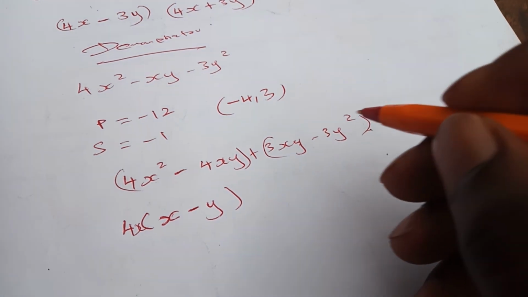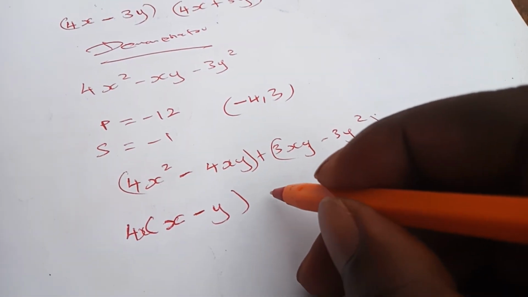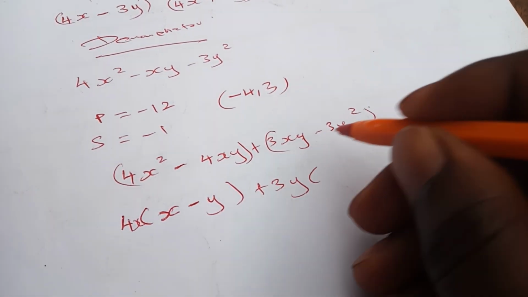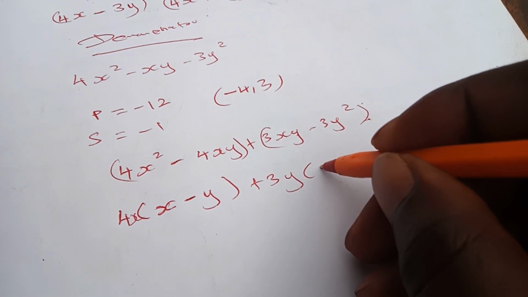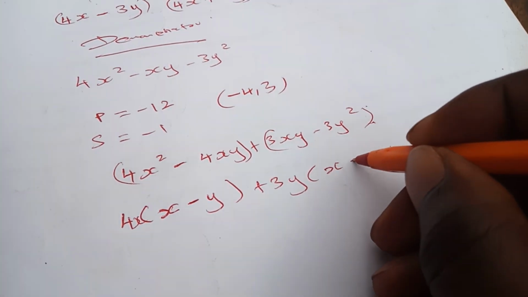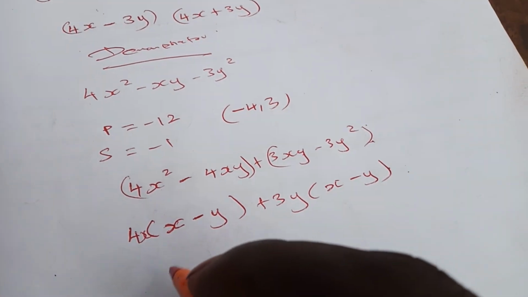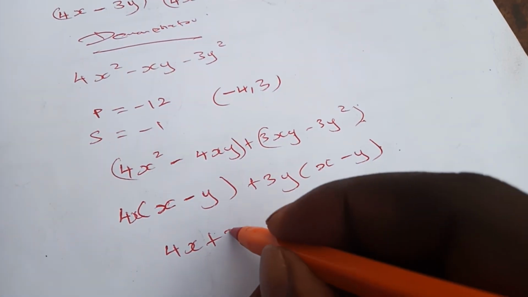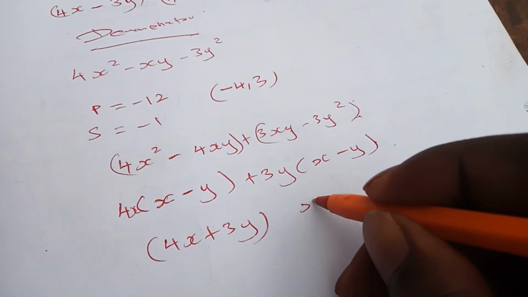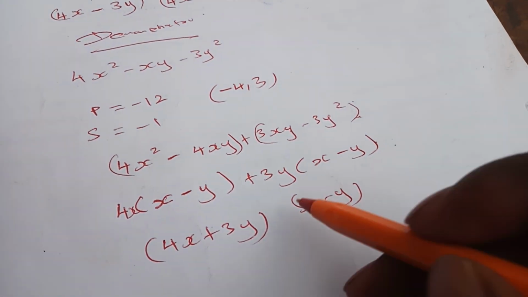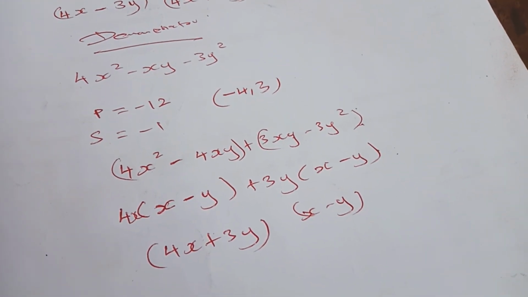Then for the other pair, the most occurring value is 3y. So I will have plus 3y, and I factor out 3y, remaining with x minus y. Whatever is in the bracket is the same. So 4x plus 3y, x minus y. So automatically this is my denominator.